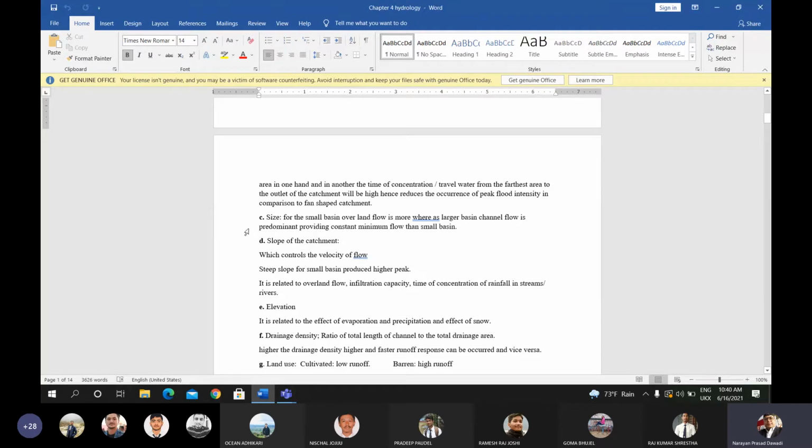Now the slope of the catchment. If the catchment has a steep slope, the chance of water flowing from the surface to the stream will be high, because due to the steep slope of the terrain, the drainage of water from the upstream side to the downstream will be very fast. So a steep slope in a small basin produces high peaks, and slope controls the velocity of the flow.